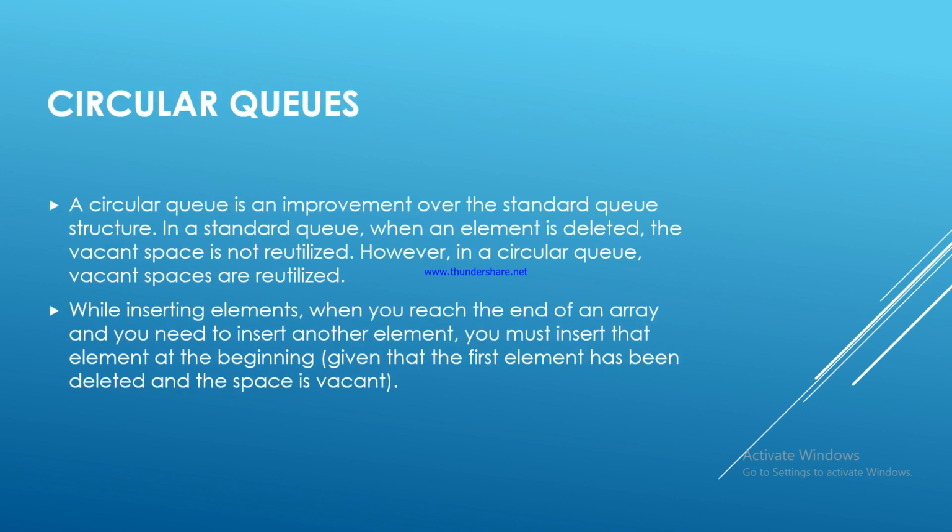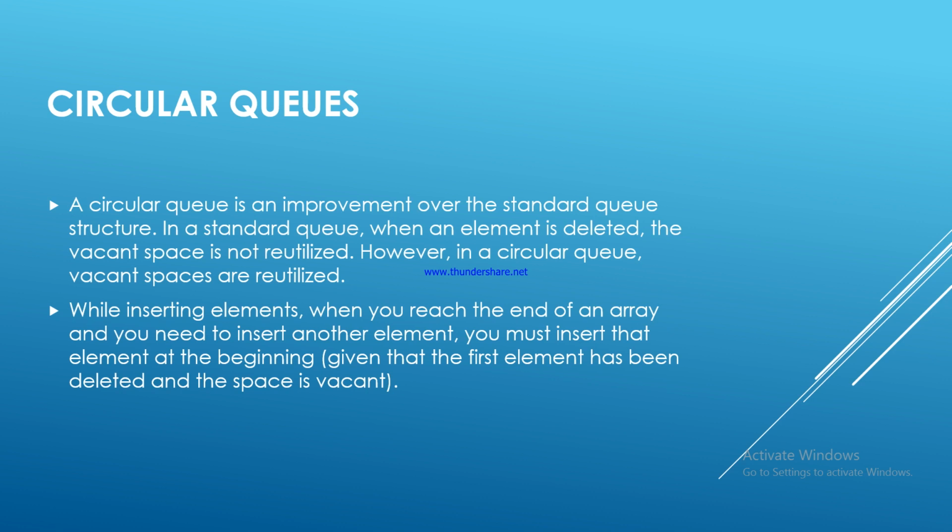There is another type of queue, the circular queue. A circular queue is an improvement over the standard queue structure. In a standard queue, when an element is deleted, the vacant space is not utilized. However, in a circular queue, this problem is solved. The vacant places are utilized.